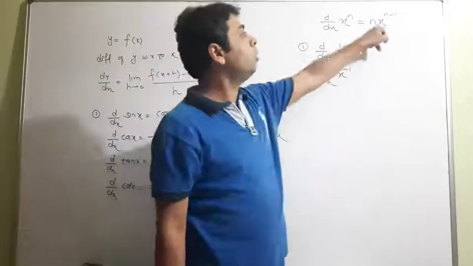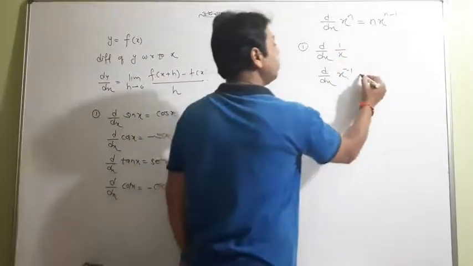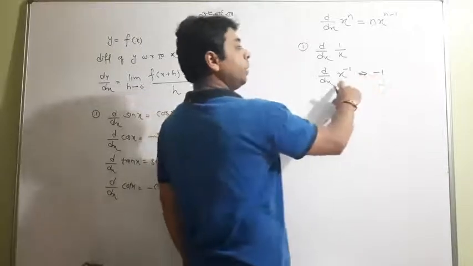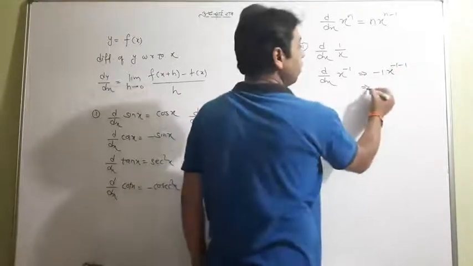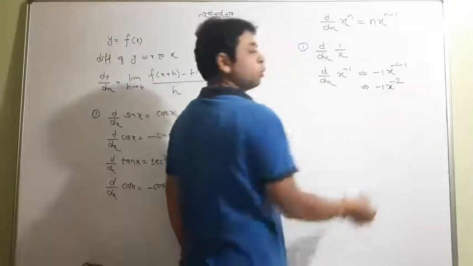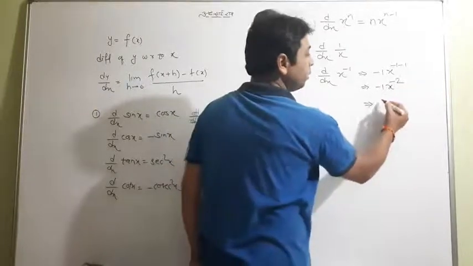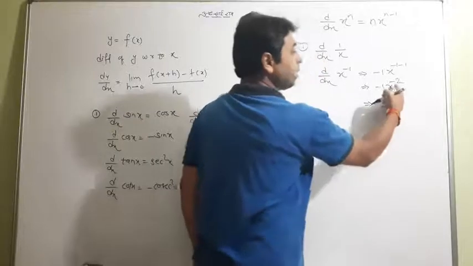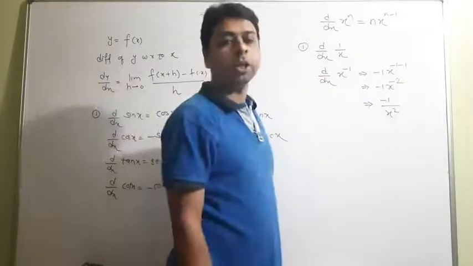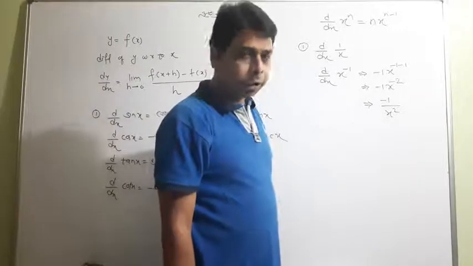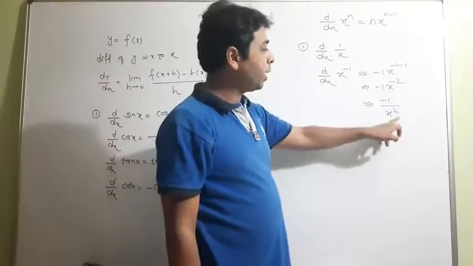Then use the law that the power comes in front and 1 decreases from the power. It will be minus 1 times x to the power minus 2, and after that we transfer the term to the denominator, the power becomes positive, and then the answer will be minus 1 by x square.